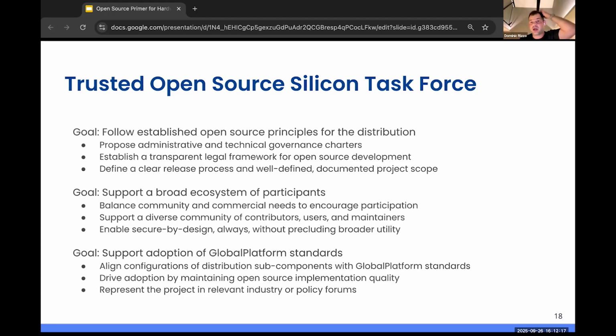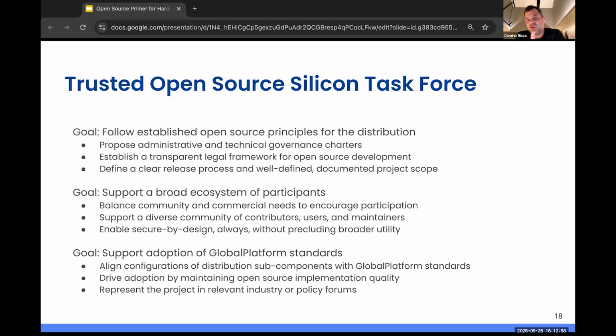Global Platform covers such a broad and relevant set of standards at this point that it is an ideal home for this kind of effort. It's very important to align different configurations with all of the different protection profiles, or whatever the certification framework that's required is, and helping to encourage that adoption by keeping implementation quality high, but also outreach and participating in other relevant standards bodies, whether they be JHAS or NIST or something regional or even international.